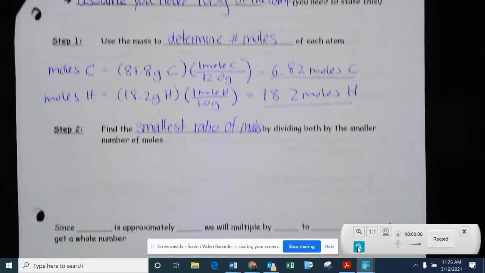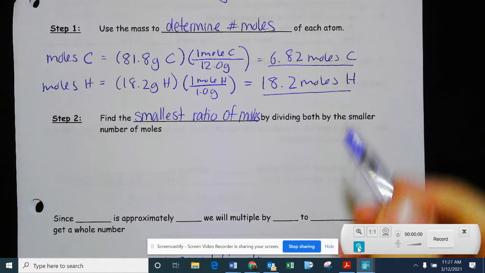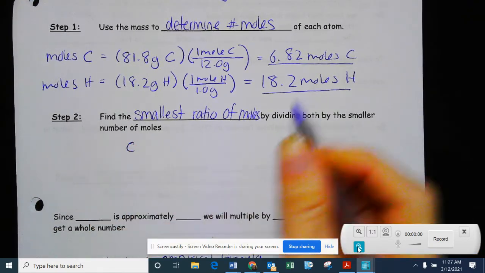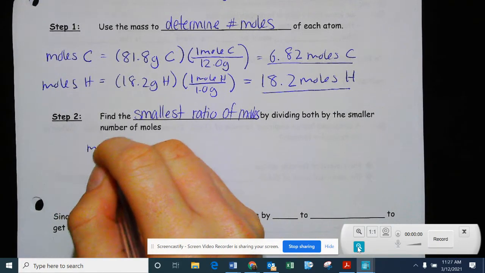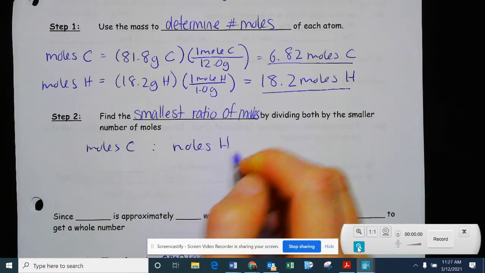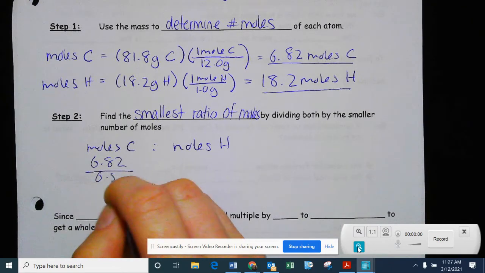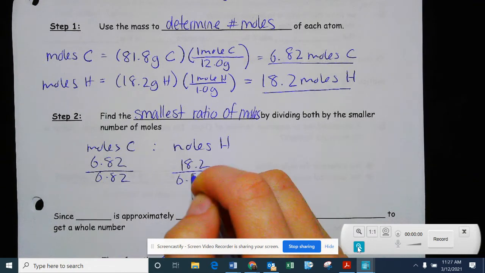Good, okay. Let's find the smallest ratio. What am I dividing by? Awesome, yeah. So moles of carbon to moles of hydrogen, I'm going 6.82 divided by 6.82, and I'm going 18.2 divided by 6.82.